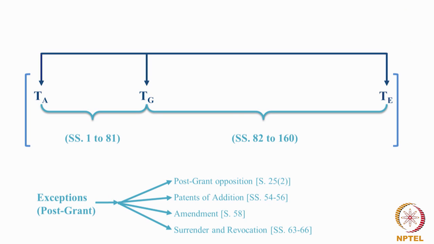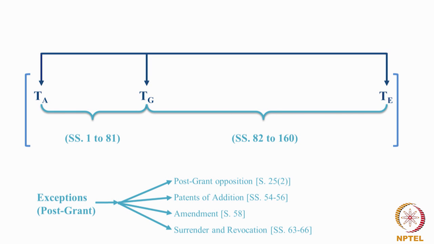The exceptions where the patent prosecution can go beyond section 81, or rather the exceptions where there are certain acts between section 1 and 81 which do not pertain to things that happen between the timeline TA and TG, are the following.